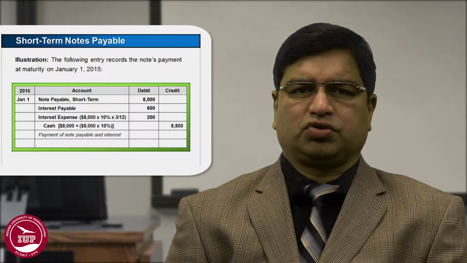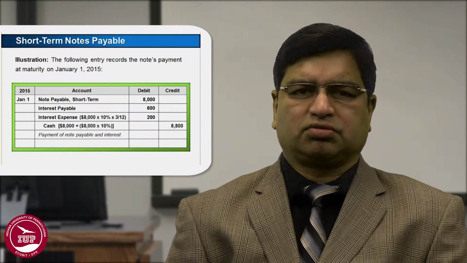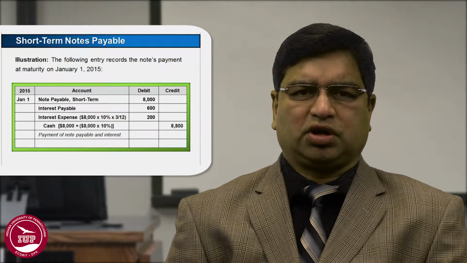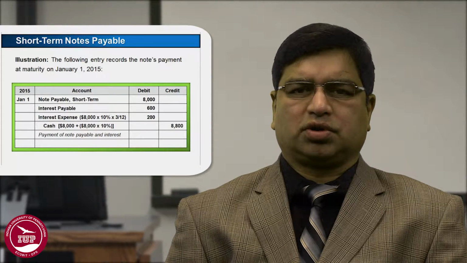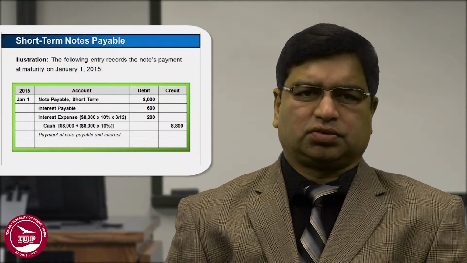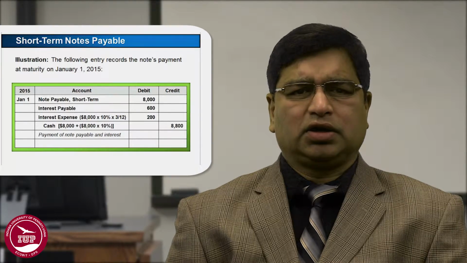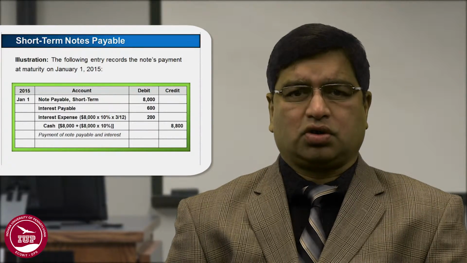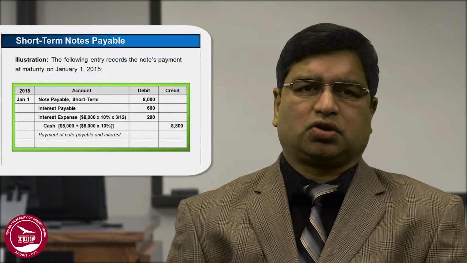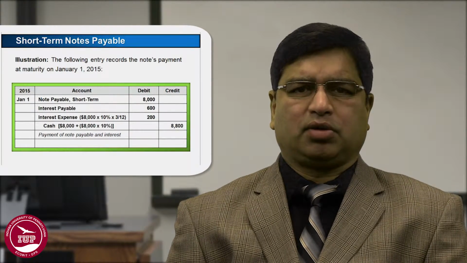Interest payable, which you computed in September for $600, and then you have to compute the additional interest for the remaining 3 months, October, November, and December, which is $200. And you pay off the total amount of $8,800 to extinguish the short-term notes payable liability.